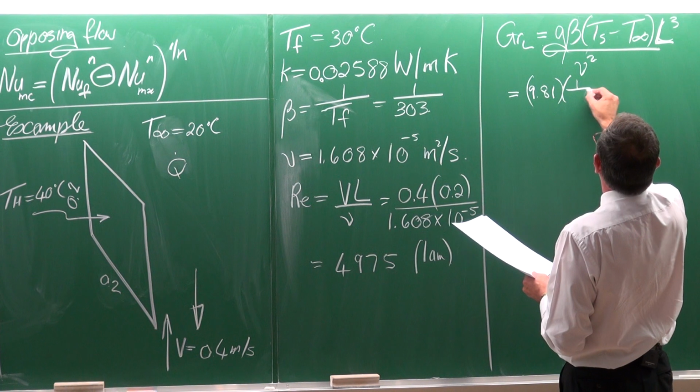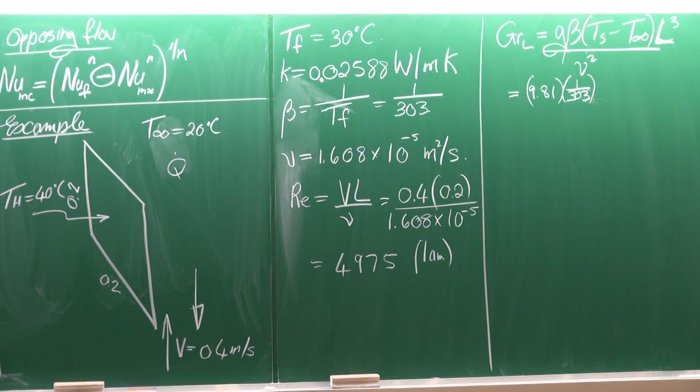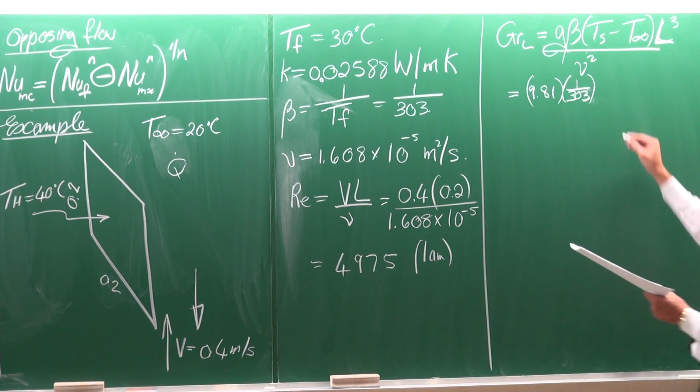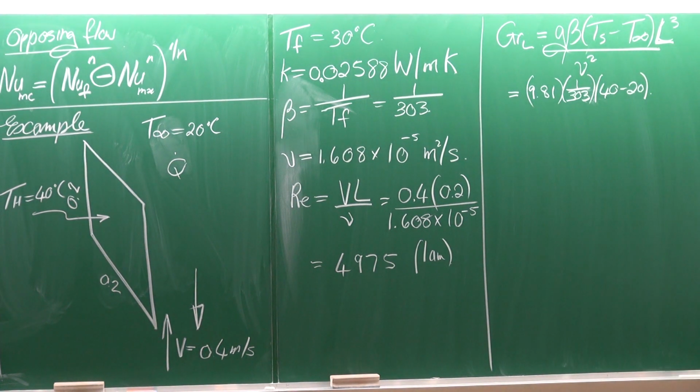Beta is 1 divided by 303. The wall temperature is 40 degrees. The environment temperature is 20.